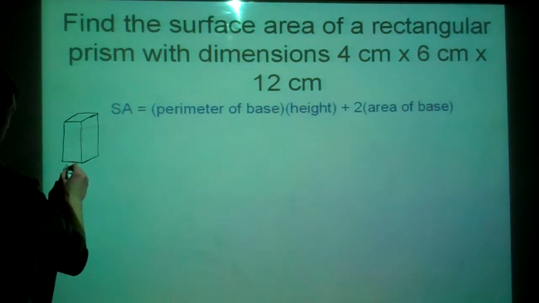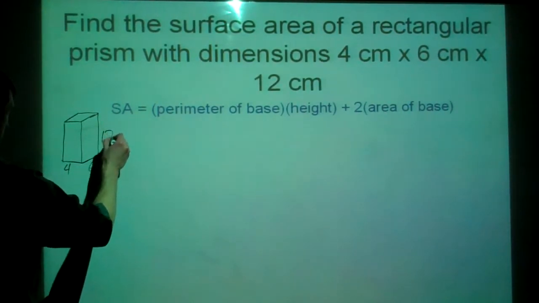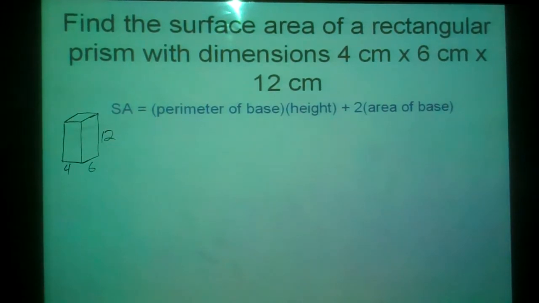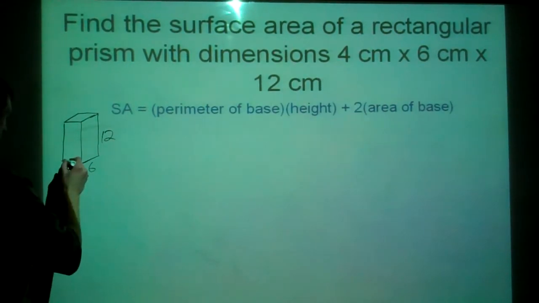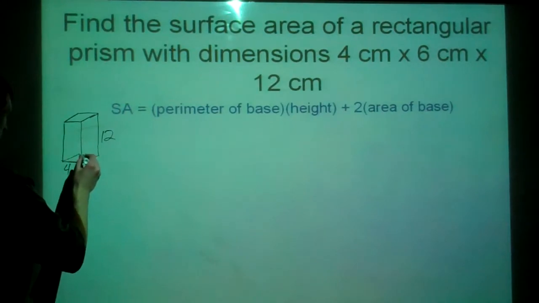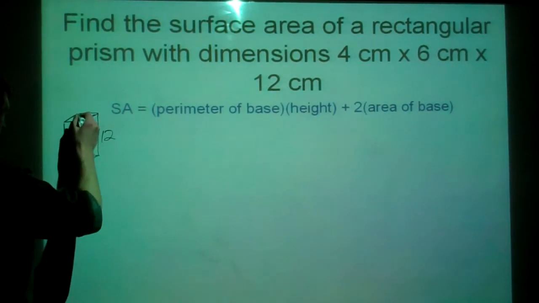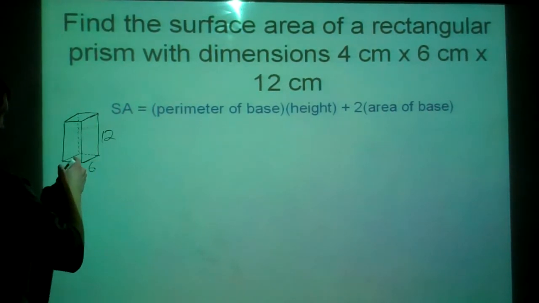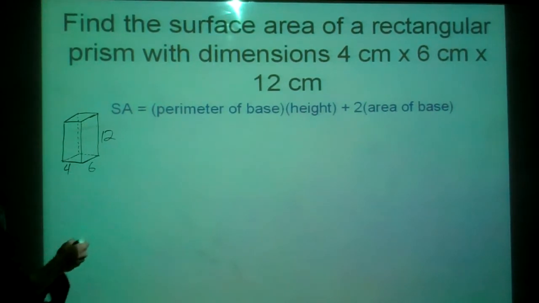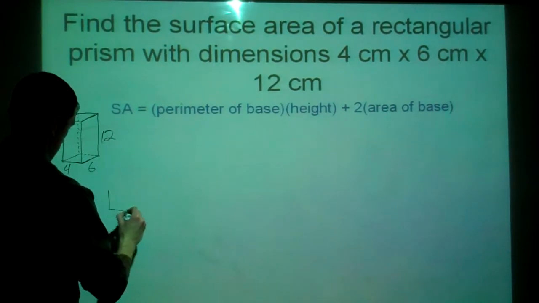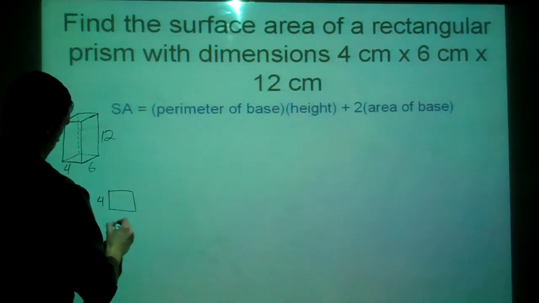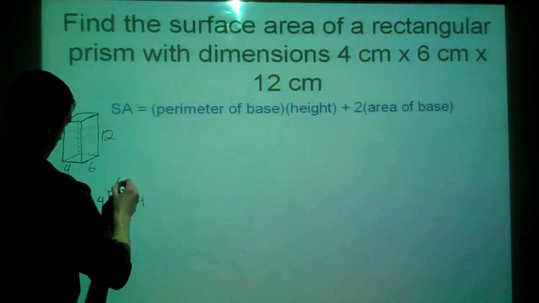Let's just say 4 by 6 by 12. Alright, remember, first thing you want to do is identify your base. And that's going to be something like that. This piece right here, looks like we have a 4 by 6 rectangle.